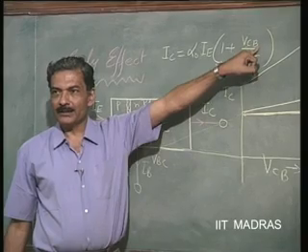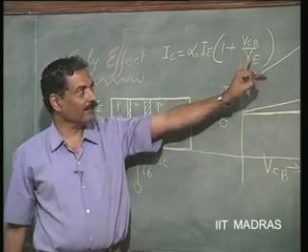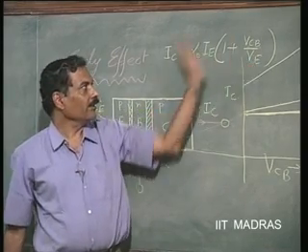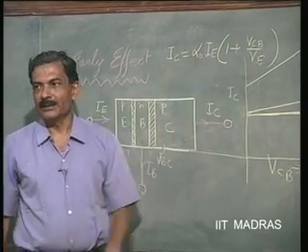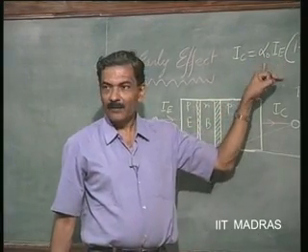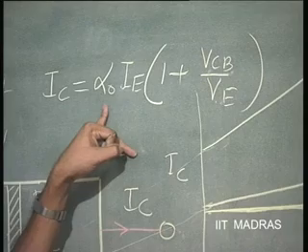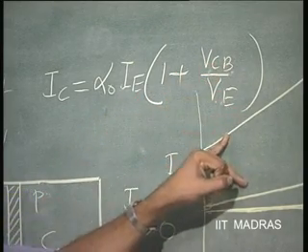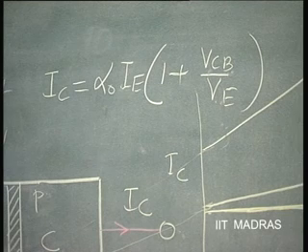For an ideal transistor where this effect is not there, VE is infinity. So, IC is equal to alpha naught times IE. Otherwise, alpha naught is the alpha which is independent of VCB, times 1 plus VCB divided by VE. This voltage VE is called early voltage.